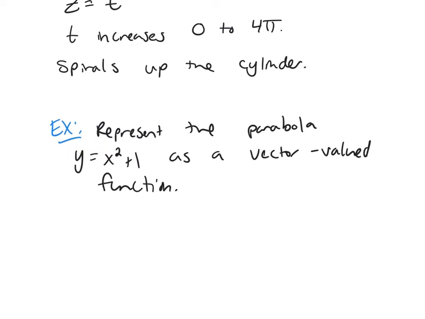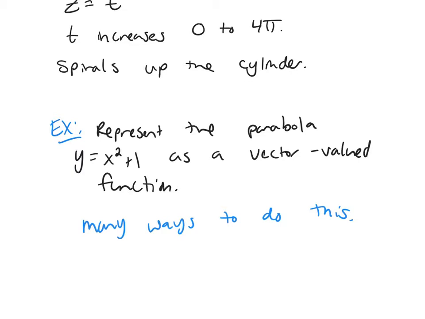So I'll start by saying there are many ways to do this. There are many different vector valued functions that draw out the same curve. Just like parametric equations are not unique, vector valued functions wouldn't be unique.